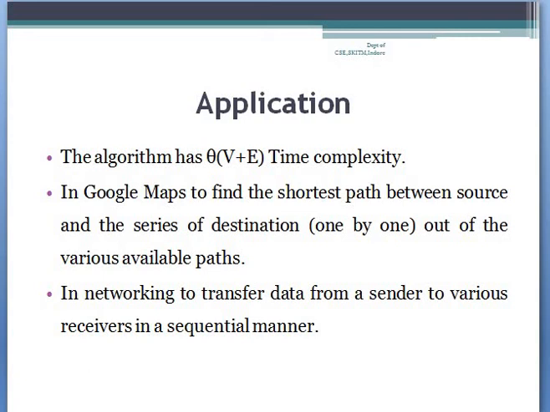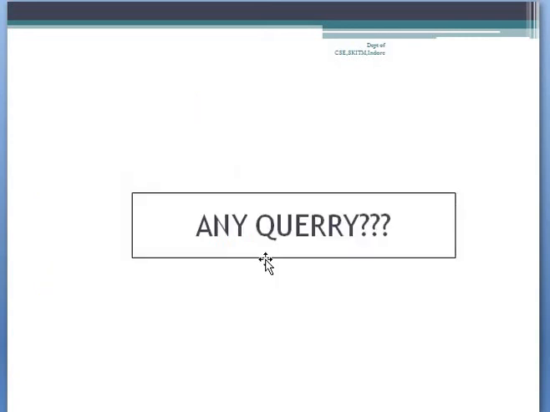So in today's session, I had discussed the multi-stage graph. In order to find the path from the source to the sink node, we are using two approaches. The first one is the backward substitution, the second one is the forward substitution. How we are using these approaches, I had discussed in the algorithm part.